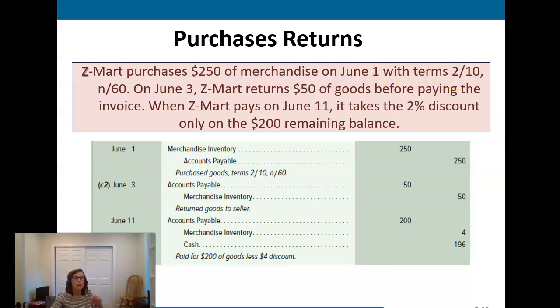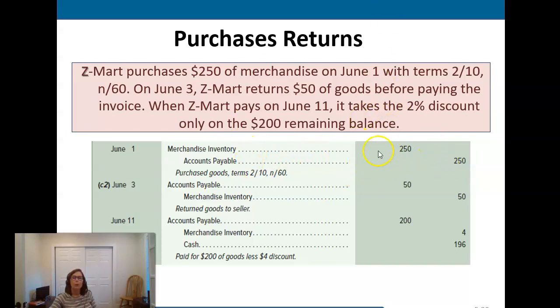On June 3rd, Z-Mart returns $50 of the goods before they pay the invoice, and then when Z-Mart pays on June 11th, it's going to take the 2%, but it's only going to take it on the $200 balance after the items were returned. In other words, they're not going to get a 2% discount on merchandise that they didn't keep. So these are what those entries will look like.